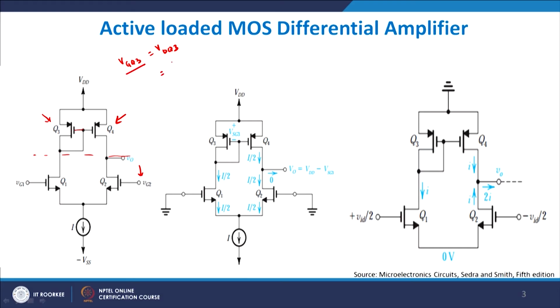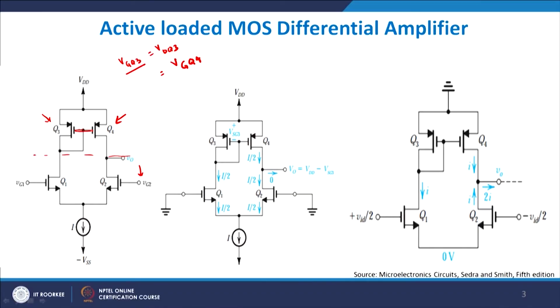If I assume that Q3 and Q4 are perfectly symmetrical, their overdrives and resistances will also be equal to each other.